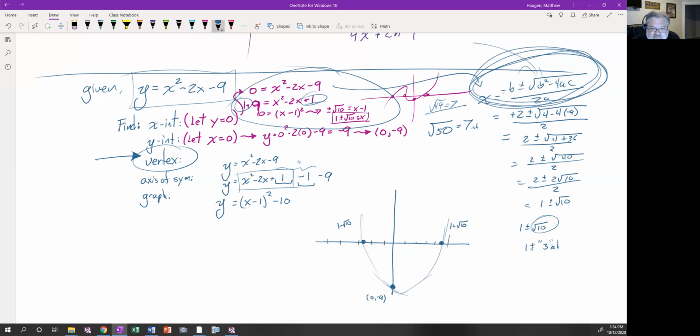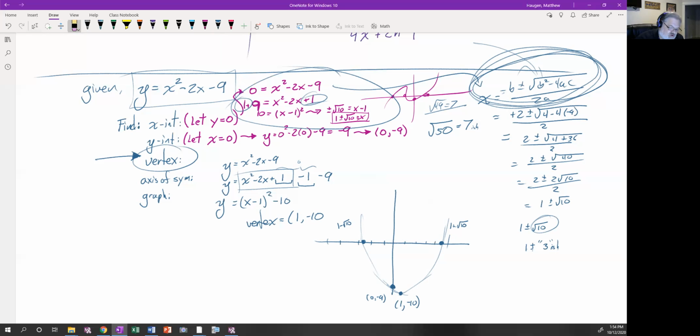Fair. So then where's our vertex? Our vertex is at 1, -10. So down here, that's 1, -10. So that's the vertex form option.